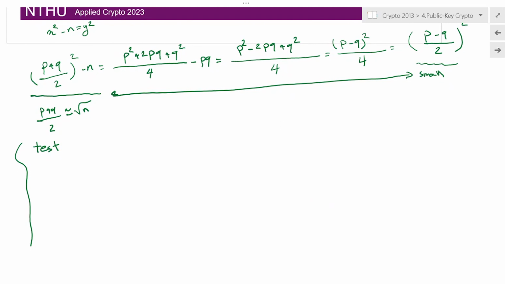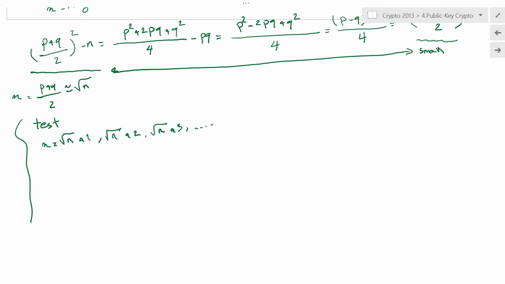So I can start to guess, let me call this x. I start with x to be the square root of n plus 1, and then I keep checking the square root of n plus 2, then the square root of n plus 3, and so on and so forth.